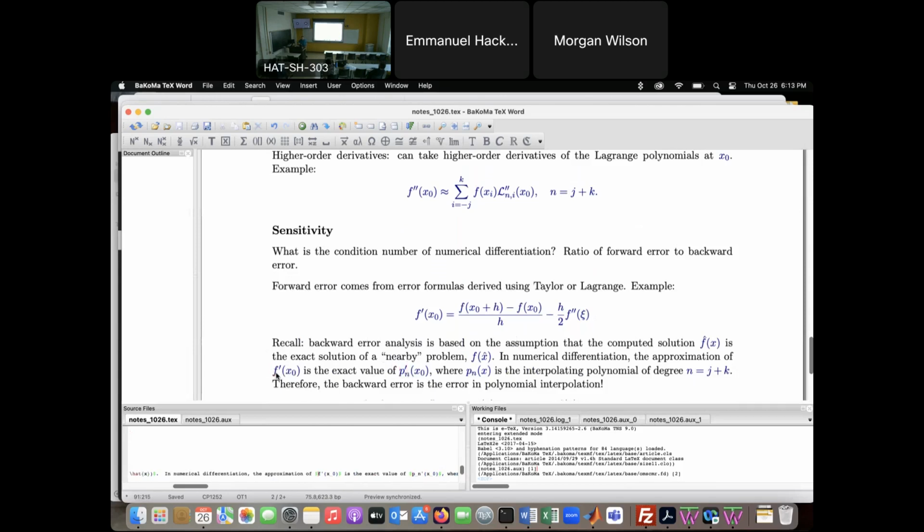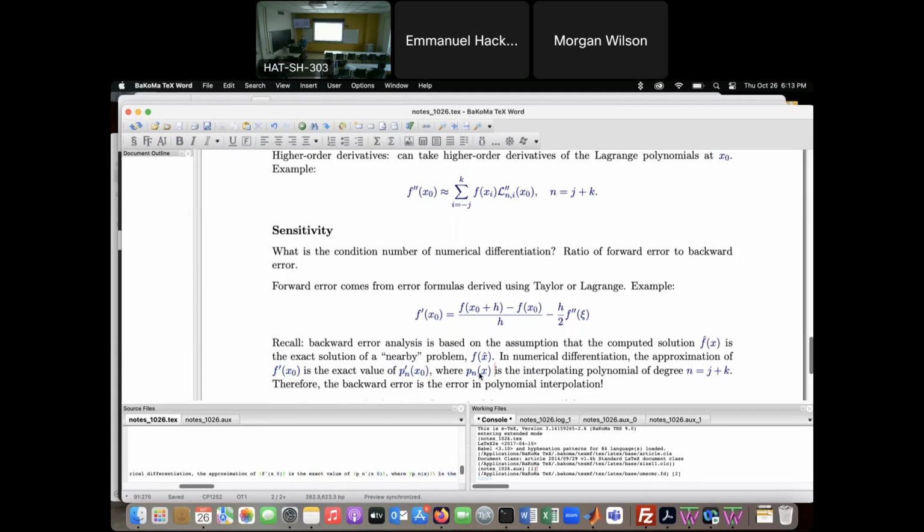So if we think of this as y, f prime of x naught, this is y hat, the approximate output. Then the true input is the function you're differentiating, f of x. Pn of x is the approximate input.